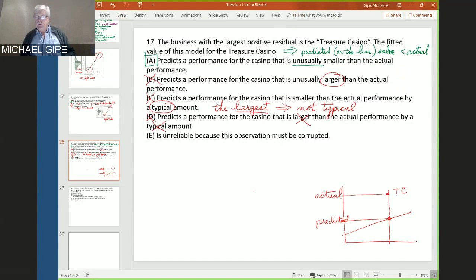Is unreliable because this observation must be corrupted. Must be. Now, you've heard about getting rid of outliers that might not be good data. They might be corrupted data. But you've got to look into it very carefully. This may be the largest residual, the one that's furthest away from the predicted value, but that doesn't mean that it has to be corrupted, that the data itself has to be bad. Maybe the casino pays back its bills much better than other kinds of companies. So that's wrong.